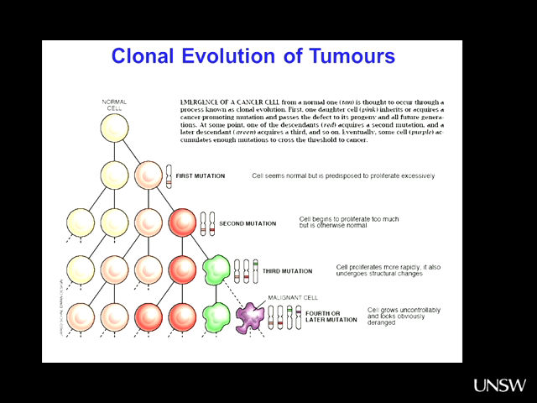So if you actually do the math, and if you say, okay, the likelihood of acquiring a mutation is 1 in a million, times 1 in a million, times 1 in a million, times 1 in a million, times 1 in a million.